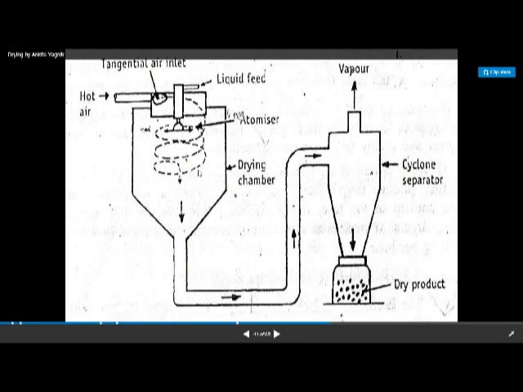So because of this hot air, the droplets get dried instantly, right? Then they come to the cyclone separator. This is a cyclone separator here, right? In this cyclone separator, the vapors or the moisture is removed from this outlet, and the dried uniform fine product is collected here.